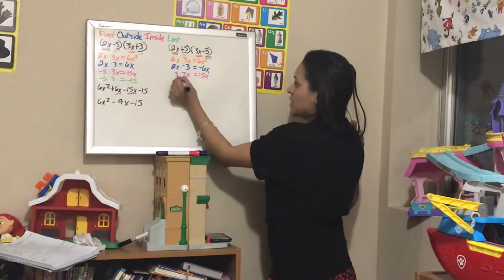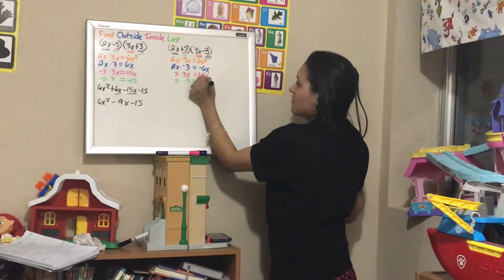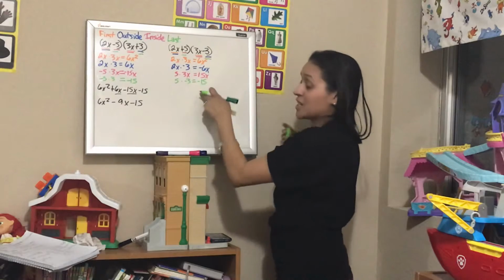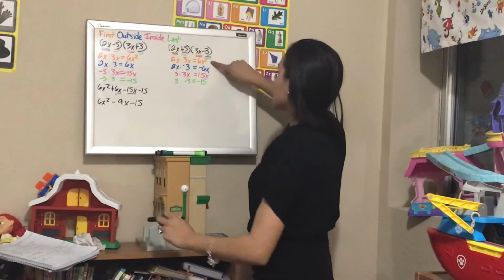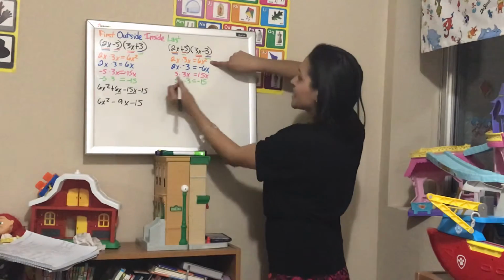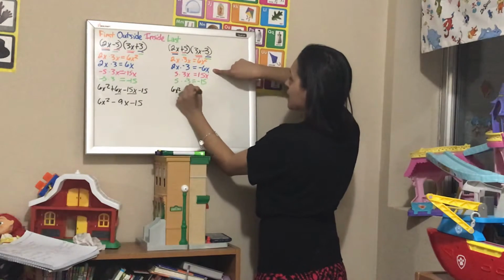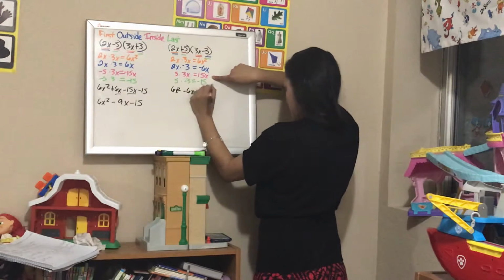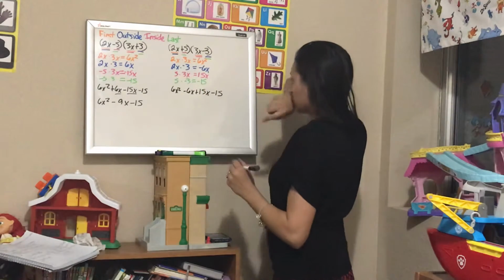So we have 5 times negative 3 will give us negative 15, because a positive times a negative is a negative. Now we can take these terms and write out our equation. We have 6x squared minus 6x plus 15x minus 15.